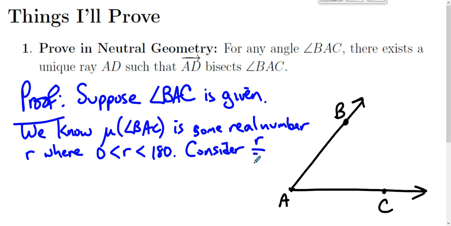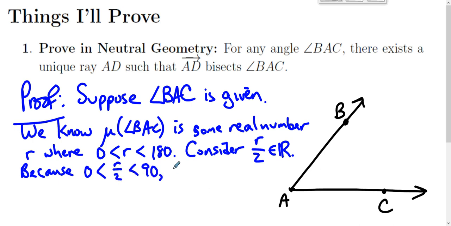Consider R over 2, which is also a real number, because 0 is less than R over 2 is less than 90.